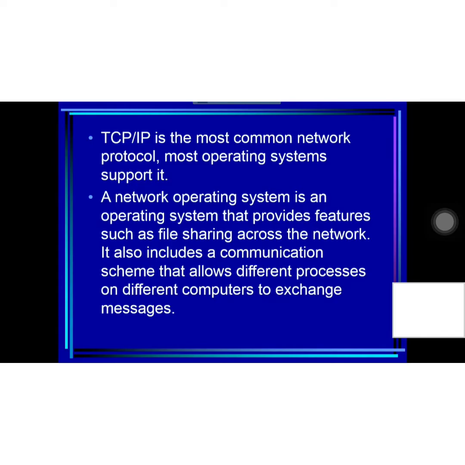A computer running a network operating system acts autonomously from all other computers on the network, although it is aware of the network and is able to communicate with other networked computers. A distributed operating system provides a less autonomous environment. The different computers communicate closely enough to provide the illusion that only a single operating system controls the network.